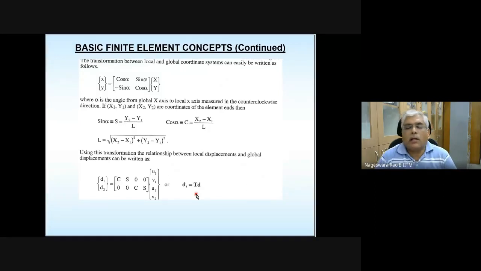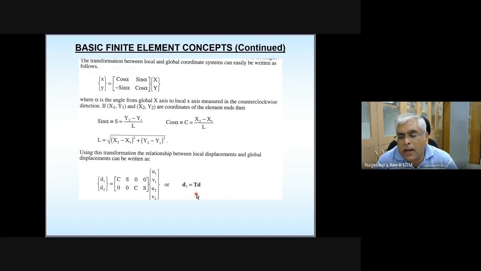You know what is orthogonal matrix? Anybody? All of you either came through JEE or GATE exam. You don't know what is orthogonal matrix? T is an orthogonal matrix. You can verify that. What is meant by orthogonal matrix?